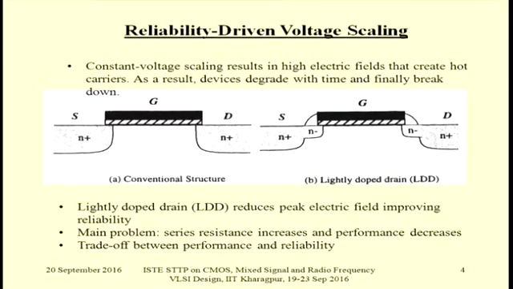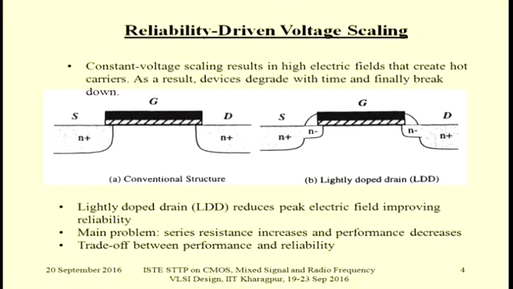Now, as a corrective measure, to prevent the electric field from leading to ultimate destruction, what has been done is that a lightly doped region has been sandwiched between the heavily doped source and drain islands and the channel.